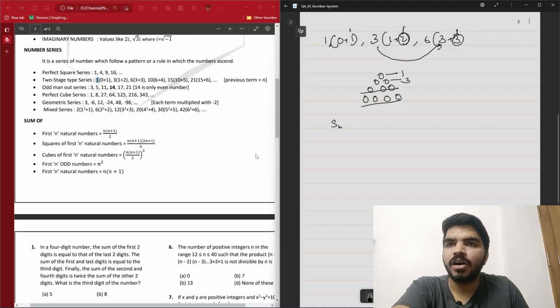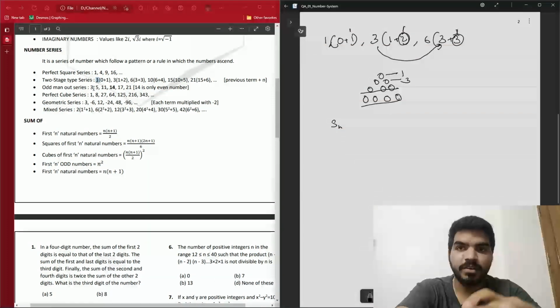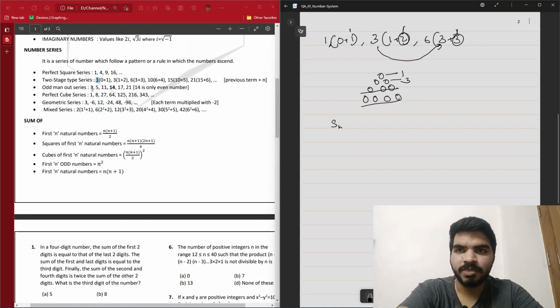Now, odd man out. There will be many questions in most of the exams where you have to find out which number doesn't belong to that series. I won't be covering most of it because very complex logics are applied in this topic.